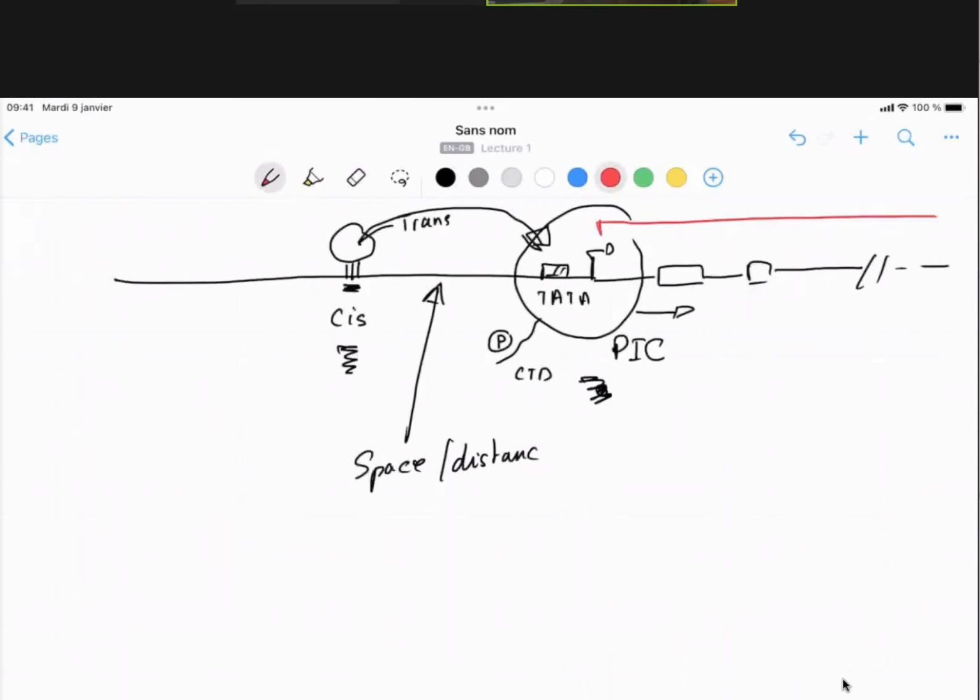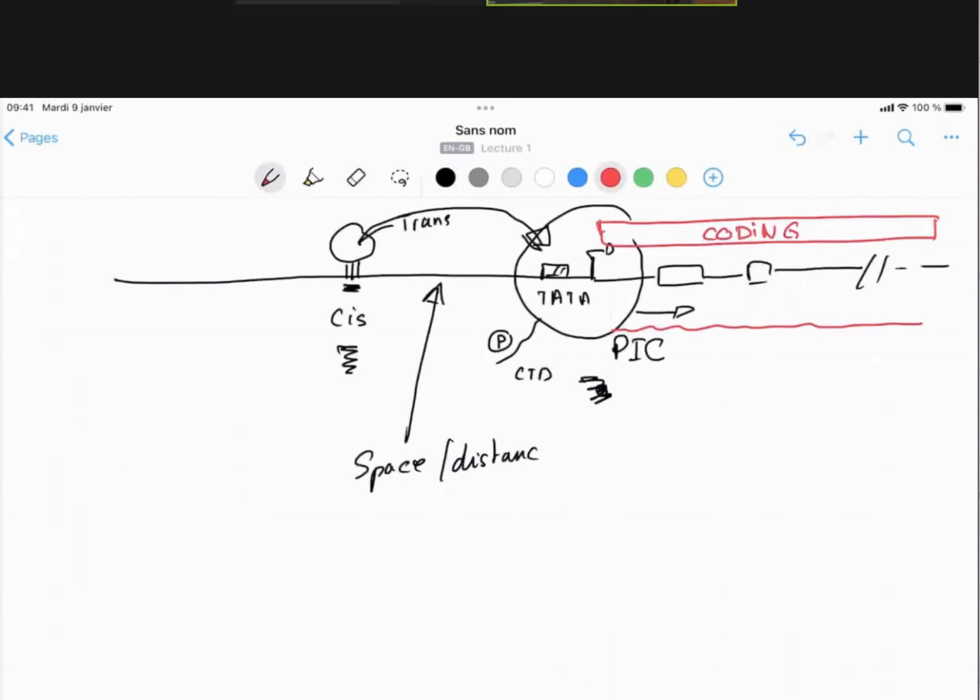The coding region is everything after the transcription start, because this is the sequence that you are going to find back in the mRNA.